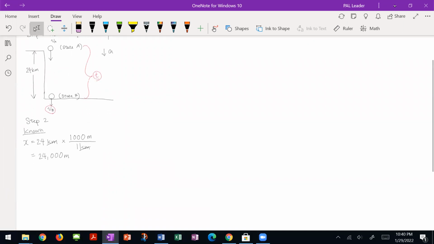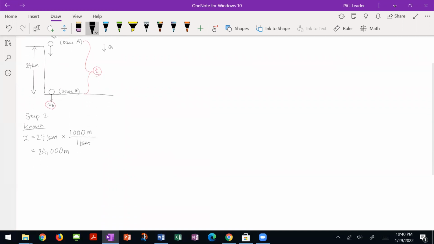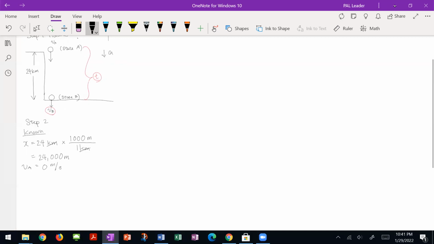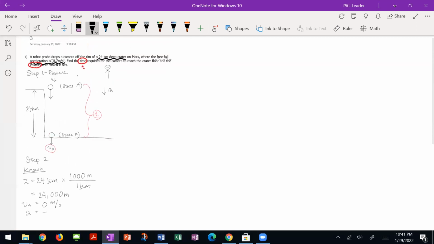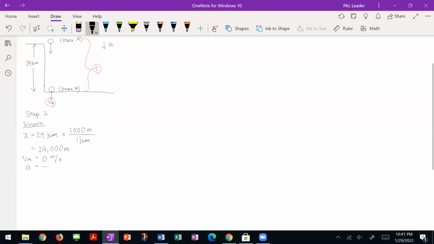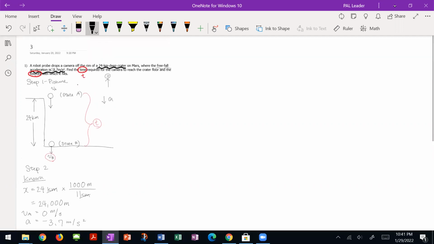What else do we know? We know VA is 0, right? Because we're starting from no velocity, no speed. We know what our acceleration is. It was told in our problem, it was negative 3.7 meters per second squared. What else?